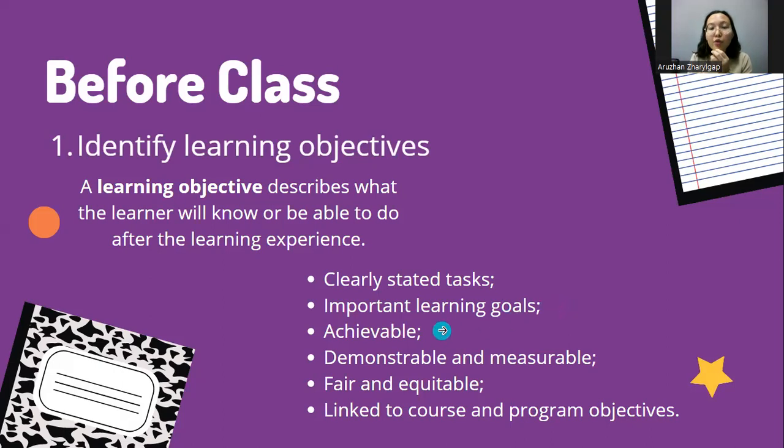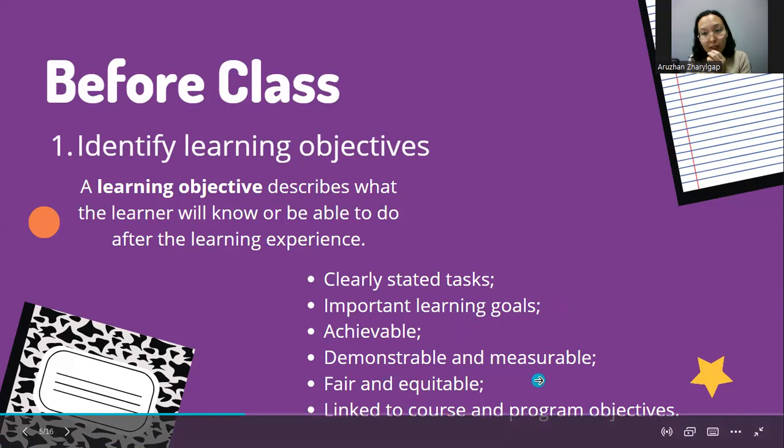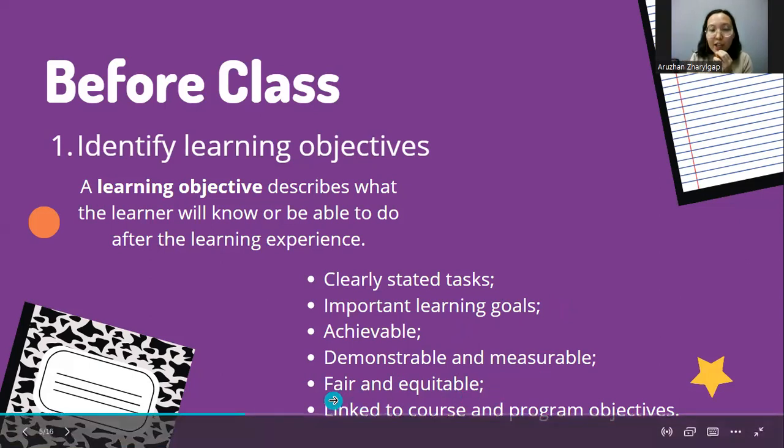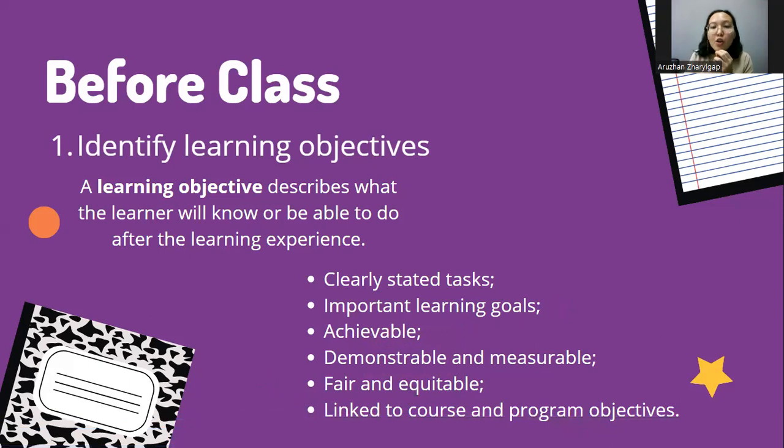Of course, objectives should be achievable, demonstrable, and measurable, as in the SMART method of making achievement plans. And also, objectives should be fair and equitable. And finally, all the learning objectives, goals, and aims should be linked to the course and program objectives. Otherwise, they will not be related, basically.